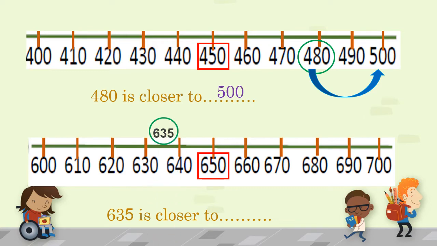So, is it closer to the 100 before or closer to the 100 after? Yes, I hear you saying it's closer to the 100 before. 600. This distance is smaller than this distance.